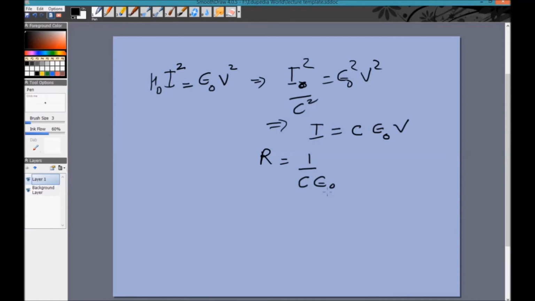Now I'm just going to write the dimensions for all of them and try to find the answer. So R can be given as energy divided by I squared, because we know that I squared R has the dimensions of energy, right? So R is energy by I squared. Energy is force multiplied by distance, divided by I squared. I squared will be q squared by t squared, right?